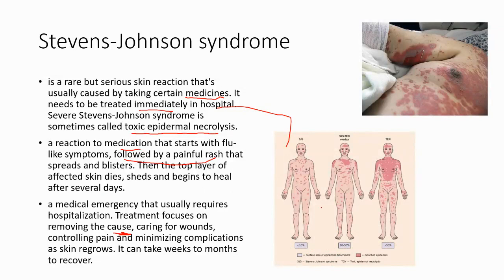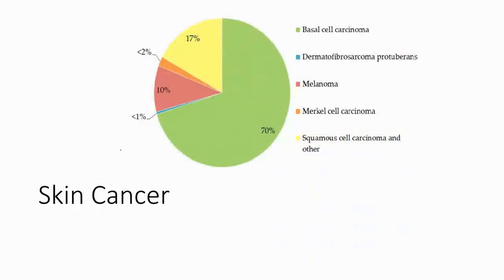You don't need to memorize any of these numbers. Just know what Stevens-Johnson syndrome is. Know that it's serious, and it generally happens because of medication reactions. About as serious as we can get with that.